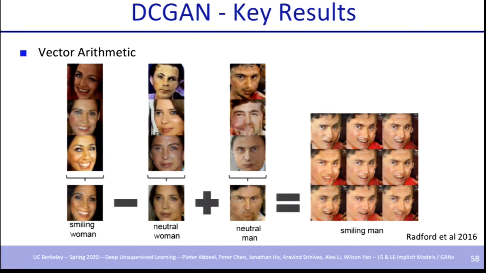So the most interesting aspect in the DCGAN results was that you could do vector arithmetic.